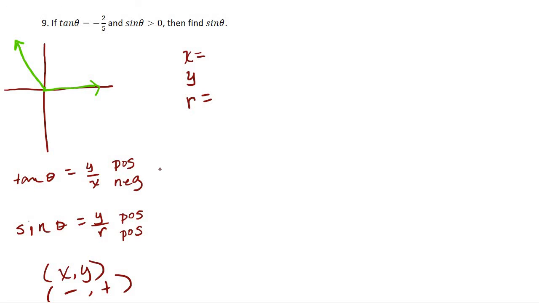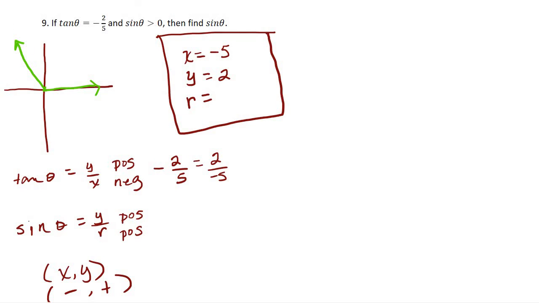So I know that tan theta is negative 2/5, so that means either the 2 is negative or the 5 is negative, and I've figured out that the denominator here, my 5, is going to be negative and y is going to be positive. My next step is to figure out what r is. So here's my formula.